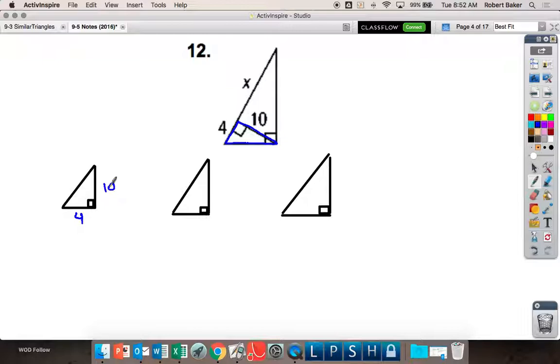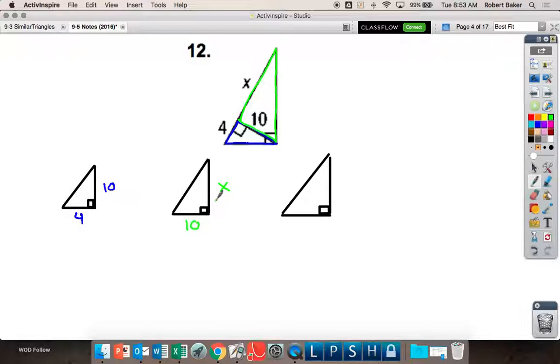So we look at the medium triangle. How long is the short leg now? 10. Look, the 10 is substantially smaller than the x. So we have 10 right here, and the long leg is x.